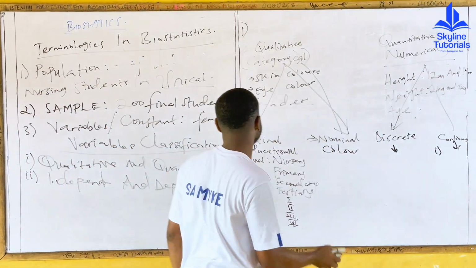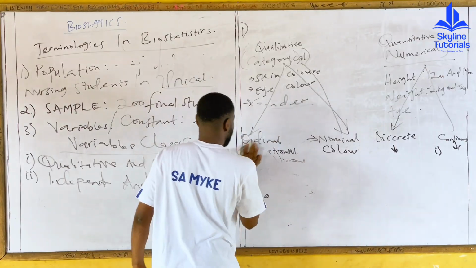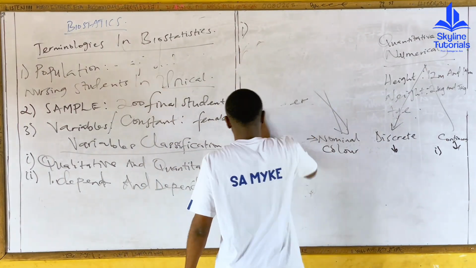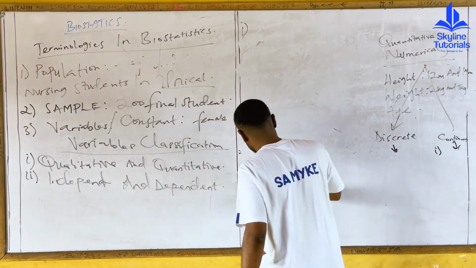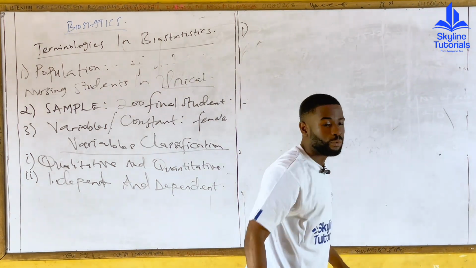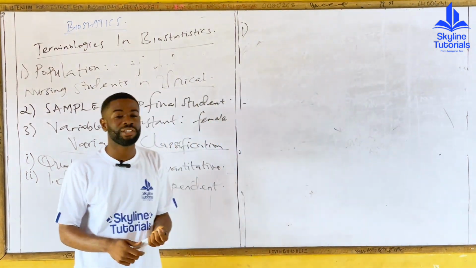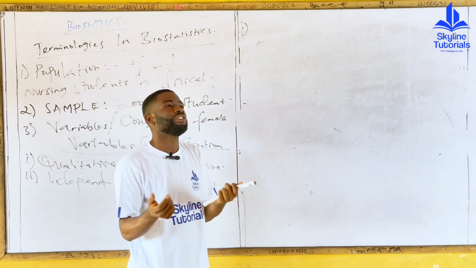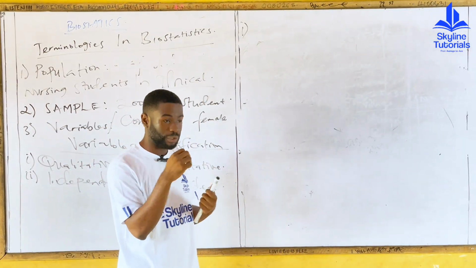The next we have is independent and dependent variable. We'll still use a research example. In a research, let's give an example of a topic.